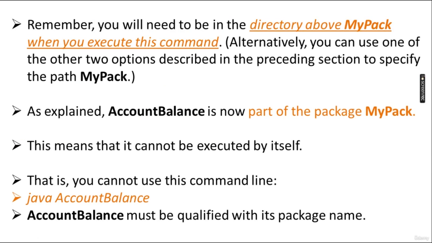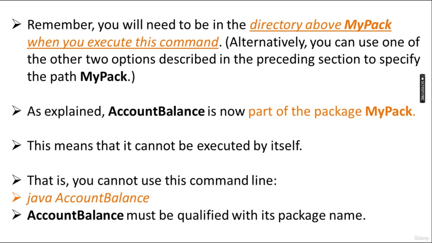Remember, you will need to be in a directory above mypack when you execute this command. Otherwise, this will not be executed. Alternatively, you can use one of the other two options described in the preceding section to specify the path to mypack. One is your class path variable setting, and another is using the dash class path option with your Java and Javac.